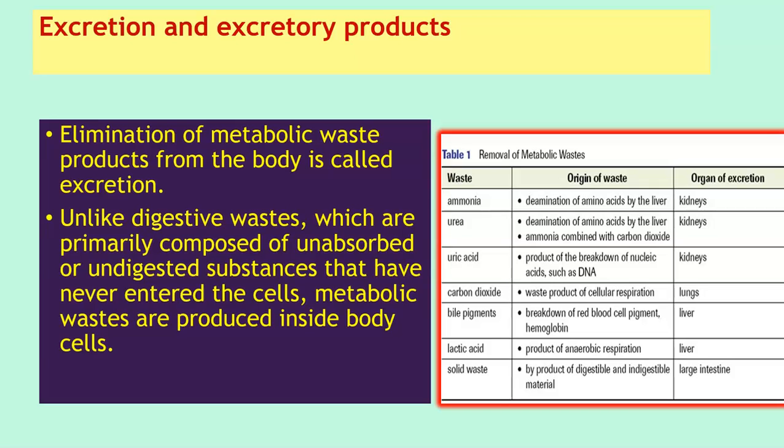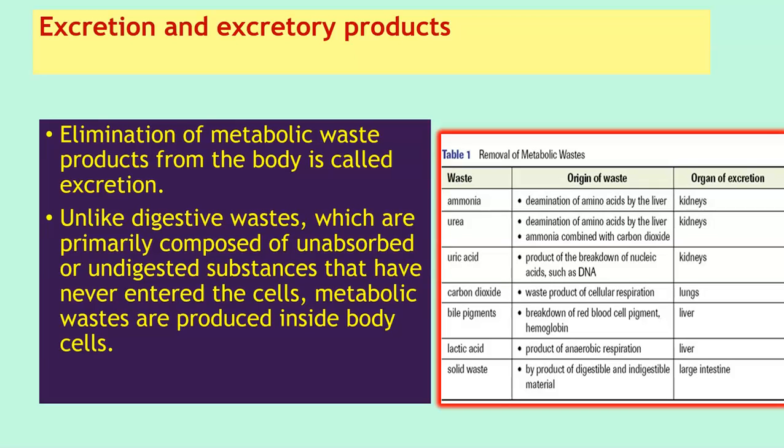Pigments formed due to breakdown of hemoglobin, like bilirubin, are excreted through feces and urochrome is eliminated through urine. Also, the pigments present in foodstuffs like beetroot consumed by the organism, excess of vitamins, hormones and drugs taken are also eliminated. Spices we consume contain volatile substances that are excreted through the lungs.